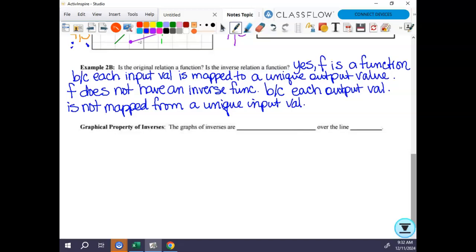One reason it's important to understand the concept is so you can make sense of the words, all right? Each input is mapped to a unique output value, but it does not have an inverse because each output value is not mapped from a unique input value, okay?